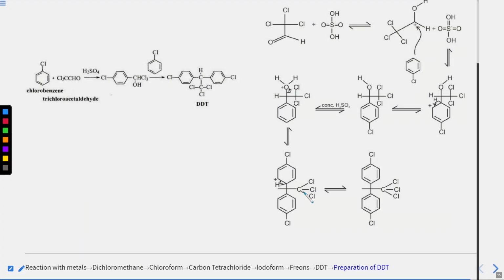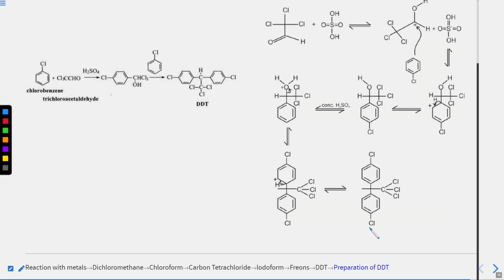Okay, this is clear. So today what we mainly discussed is some commercial products like dichloromethane, chloroform, carbon tetrachloride, iodoform, freons and DDT and its preparation. If I ask you what the main points here are, first of all, the commercial product that used the Swarts reaction to get the product was important. That is CCl2F2, because the reaction was quite obvious there.